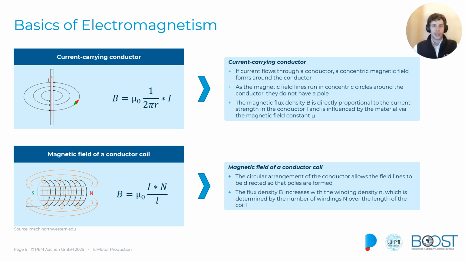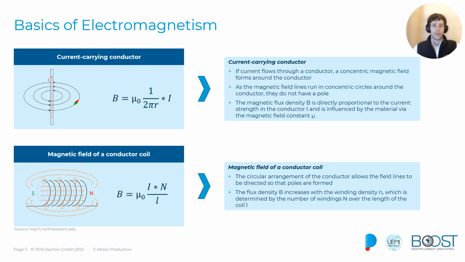To understand how electric machines work, and electric motors are nothing else than electric machines, we need to understand the basics of electromagnetism. If current flows through a conductor, a concentric magnetic field forms around the conductor.